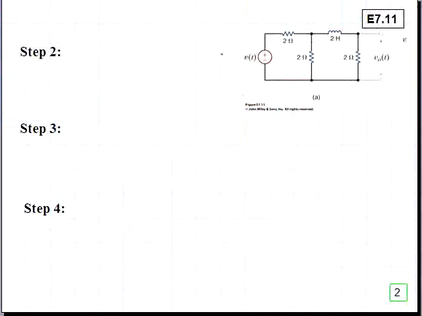Step 2 in the process is to find the initial condition for the energy storage element.